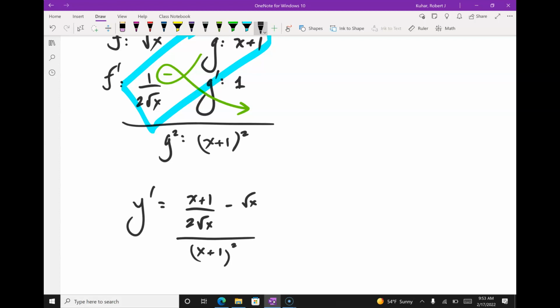Since I'm just finding a slope at 4, I could plug in right now, but I want you to make things look pretty. Pretty is subjective, but it means clean up the fractions. So I'm going to multiply everything upstairs by 2 rad x, everything downstairs by 2 rad x. So I get x plus 1 minus 2x.